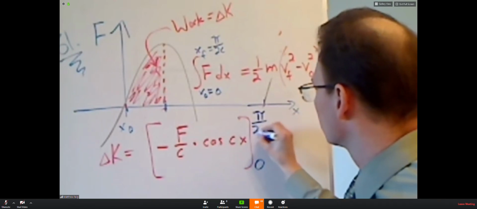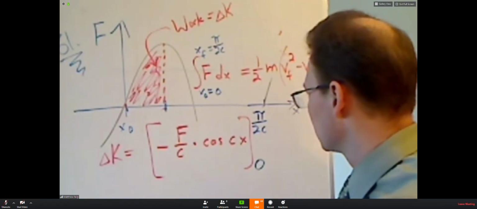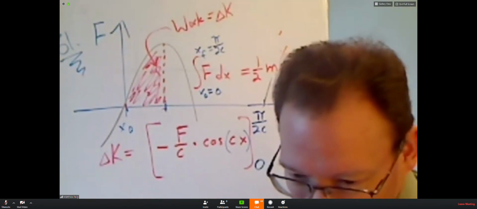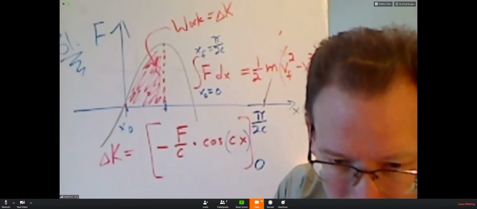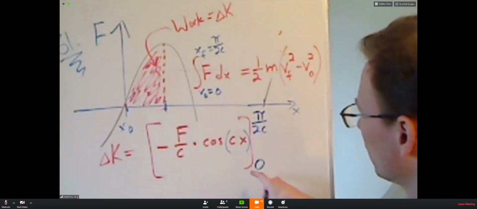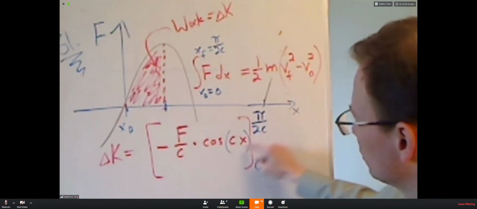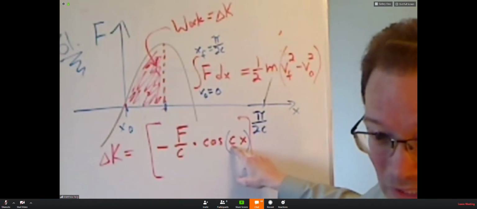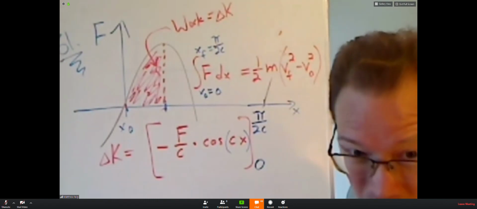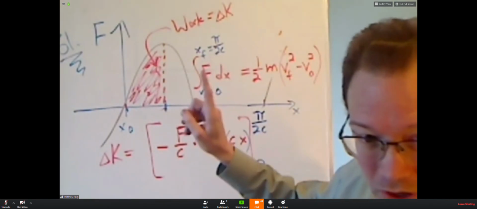Pi over 2 times c. And I think it's not too bad from here on if you were to give this a shot. What do I get when I plug in pi over 2c? Pi over 2c times c, pi over 2. What's the cosine of pi over 2? 0. So the upper endpoint gives 0.